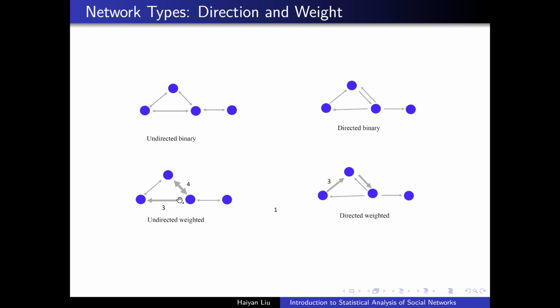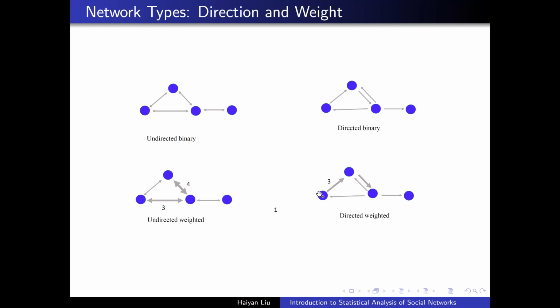Now, sometimes the magnitude of relationships also matters. We care about different magnitude, different levels of relations. So therefore, we could have undirected weighted networks. So for instance, degree 4 relations is stronger than degree 3, right? So we may use thicker edges to reflect the higher magnitude of relations.